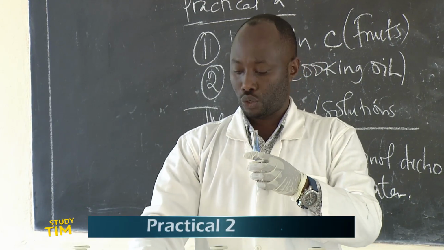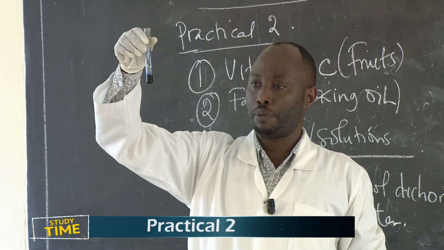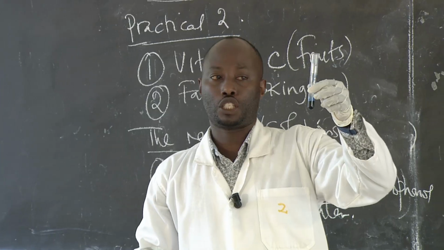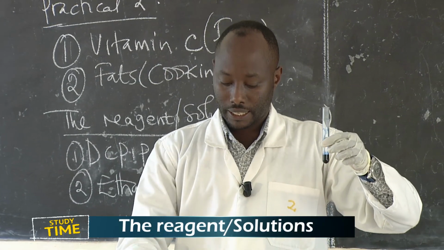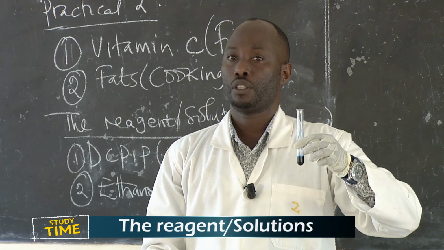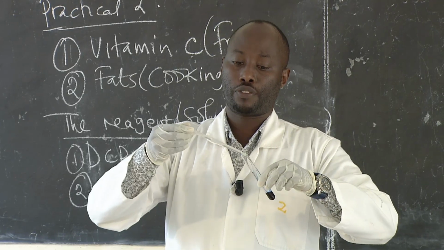You can see in the test tube, there is presence of DCPIP. From there, you see the color of DCPIP is blue. If I add a solution, I can say sample A that contains vitamin C, it will change the color.